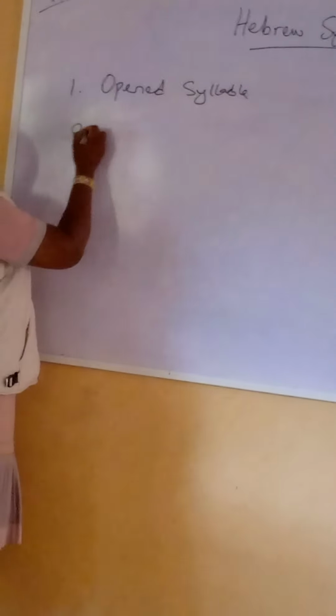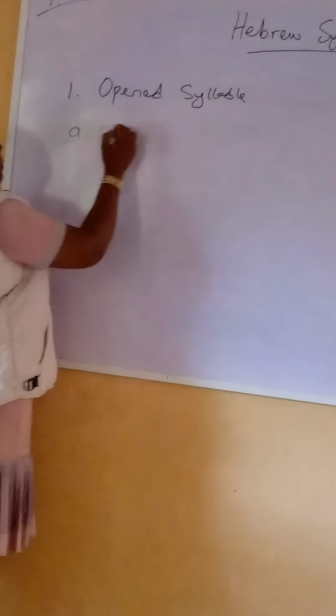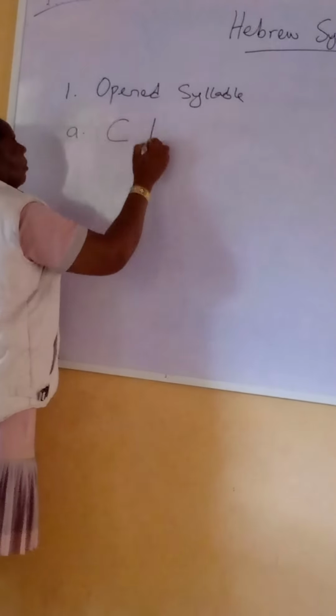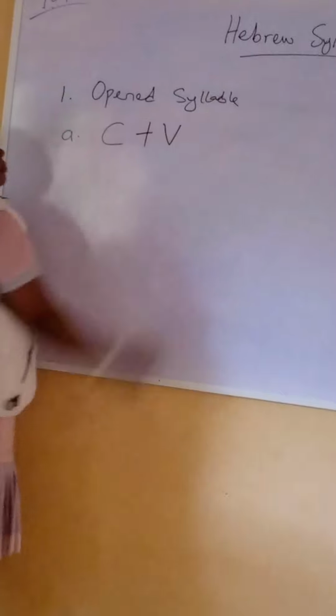One, an open syllable has the pattern of consonant plus vowel.